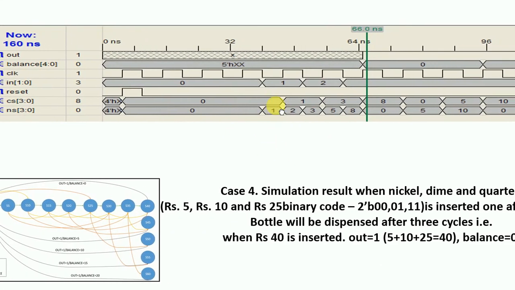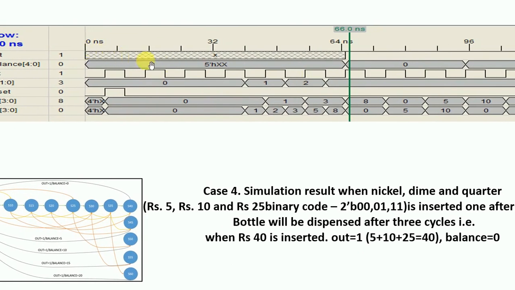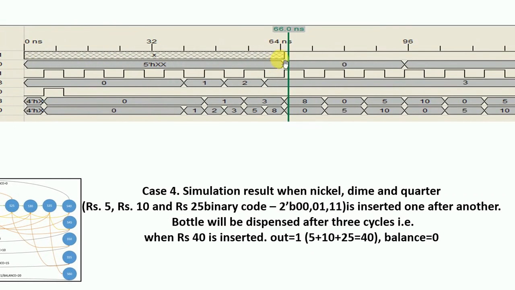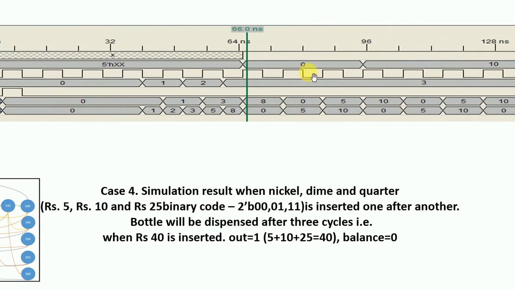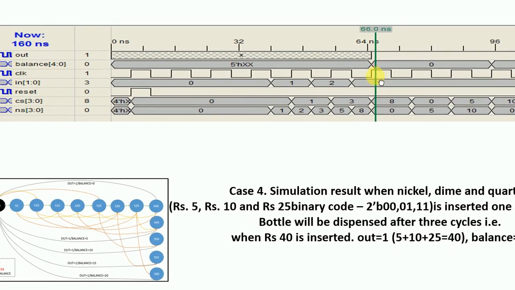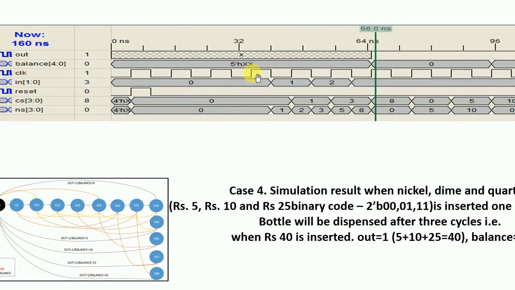Now when you take a look at the output, it is not defined here because we are on the intermediate states. Now as soon as we reach the 0 state, our output will become 1, and the balance is 5 tick HXX.